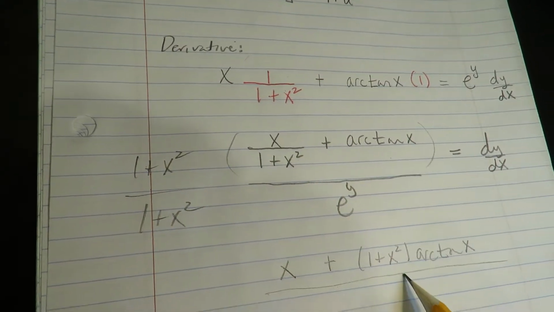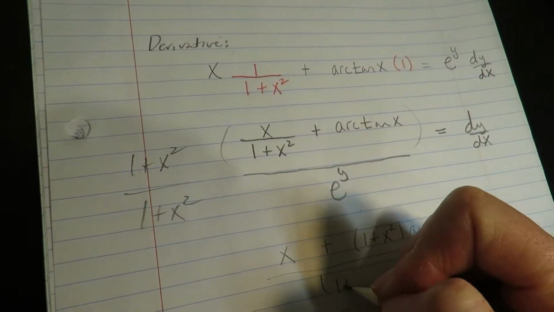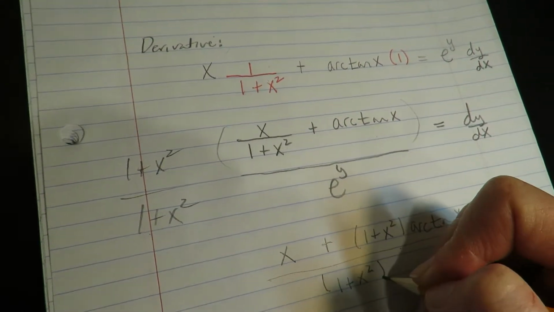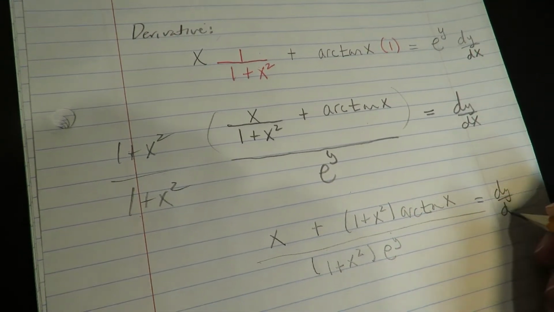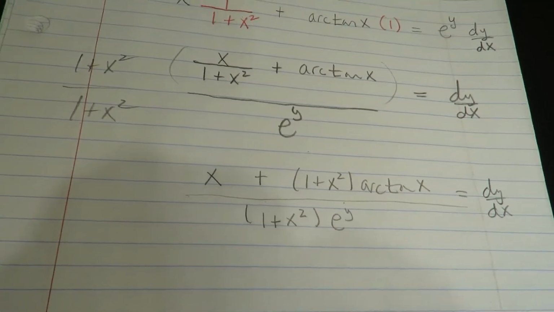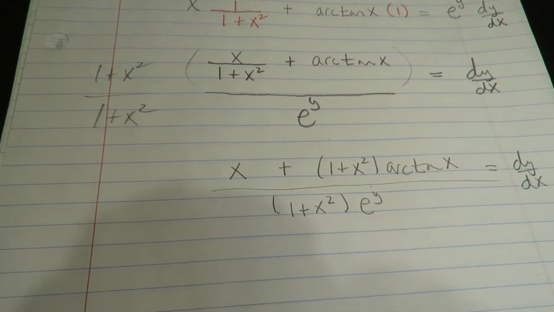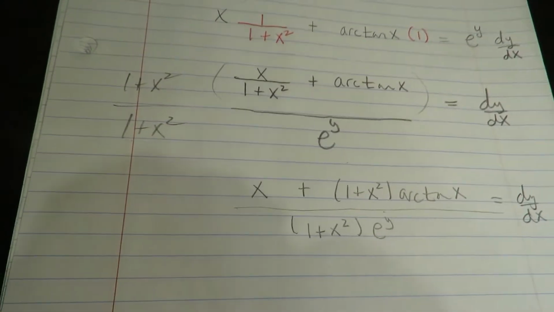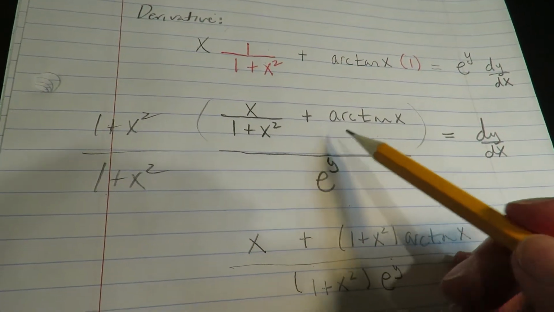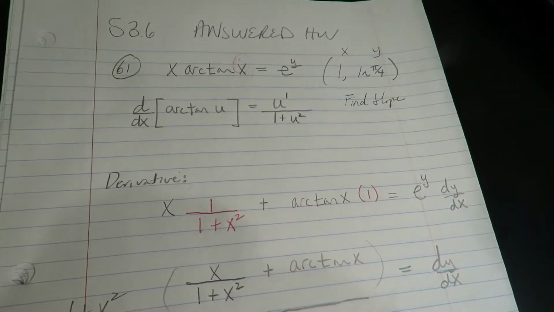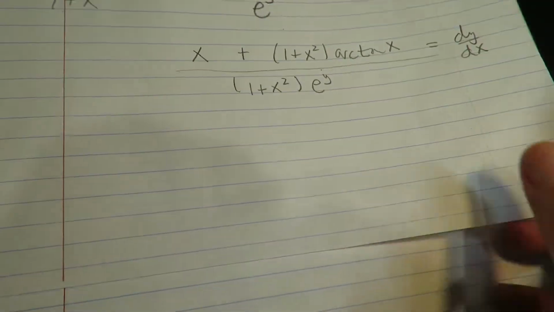This times the second term is this. And then this times this term is this, because a complex fraction is not considered a final answer. So that's how I would get rid of that. There's other ways to do it, but I think that was the cleanest way to look at it. But you can plug in here to evaluate if you want, or you can plug in here. They're both going to give you the same answer.